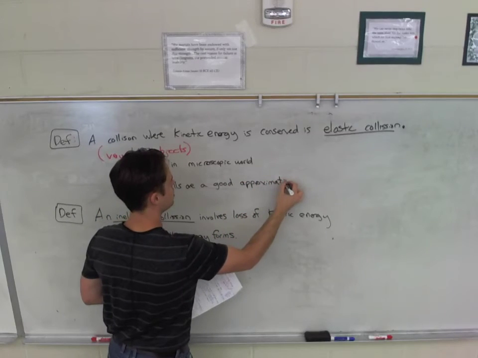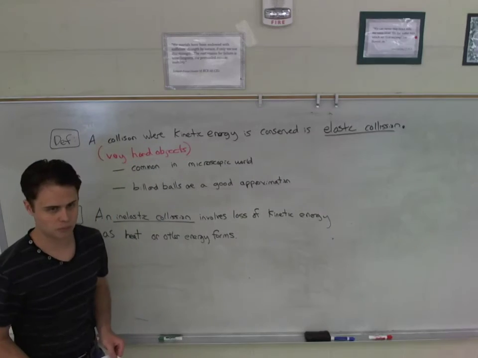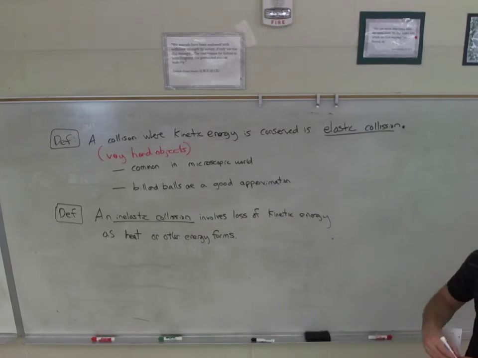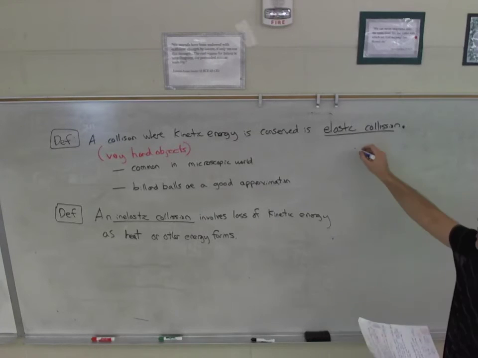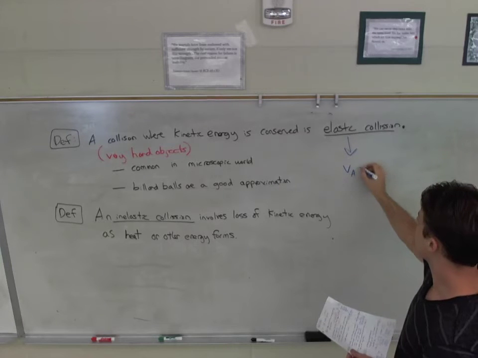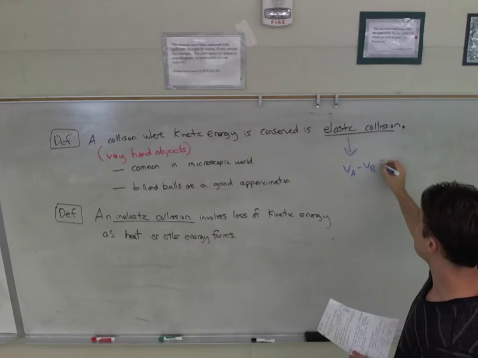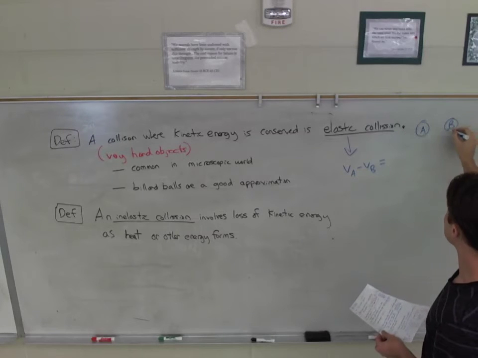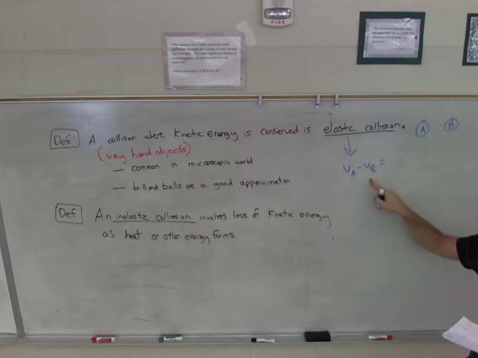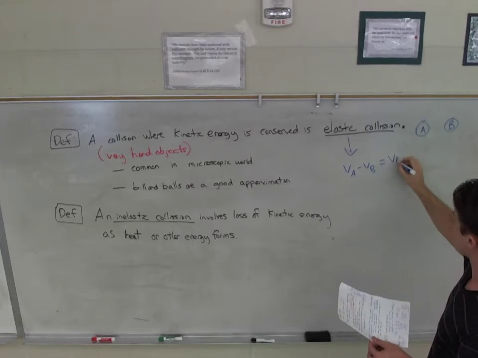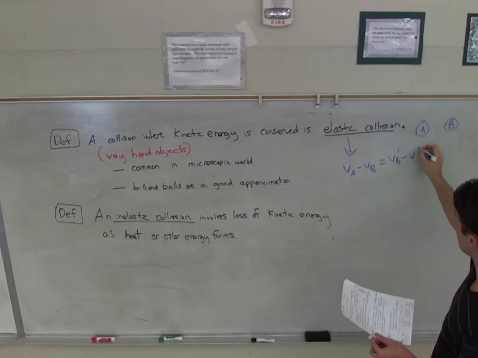Anything that's squishy, you can't do this way. So there's one little formula. I'm not going to go into the derivation, we just don't have enough time. If you have an elastic collision, here's a nice thing you know. The velocities of the objects impacting, thing A and thing B, follow this little equation before the collision and after the collision.